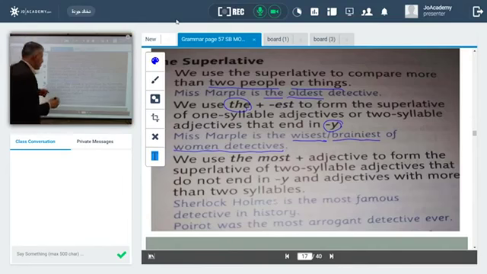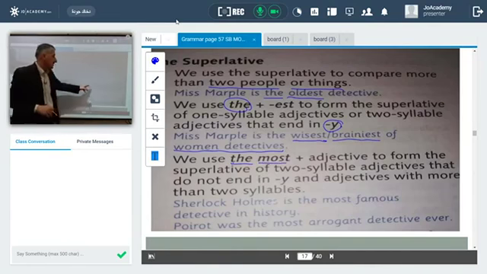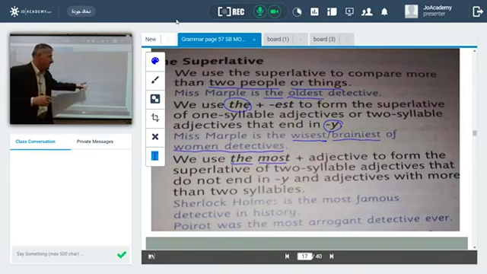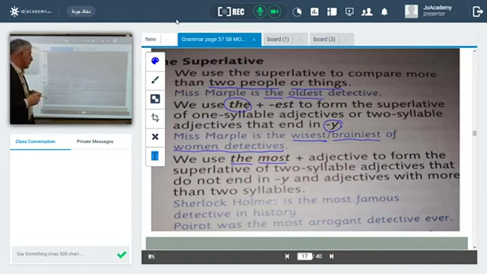Here we use the most, also the most. We use the most plus the adjective to form the superlative of two-syllable adjectives that don't end in y.